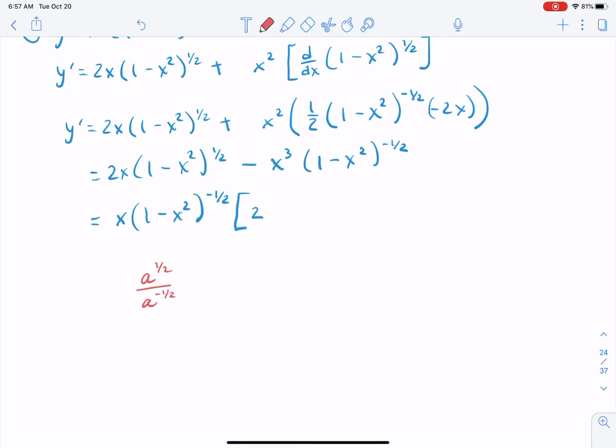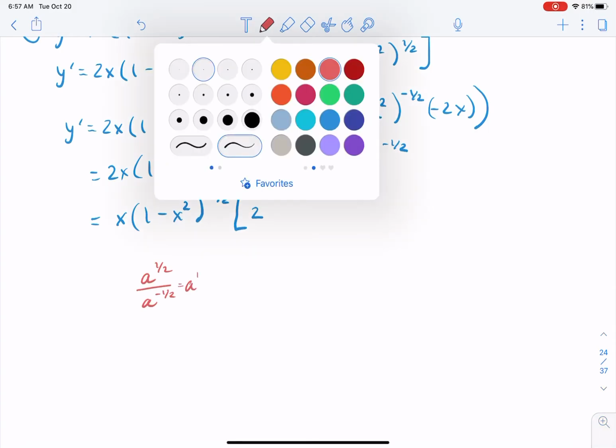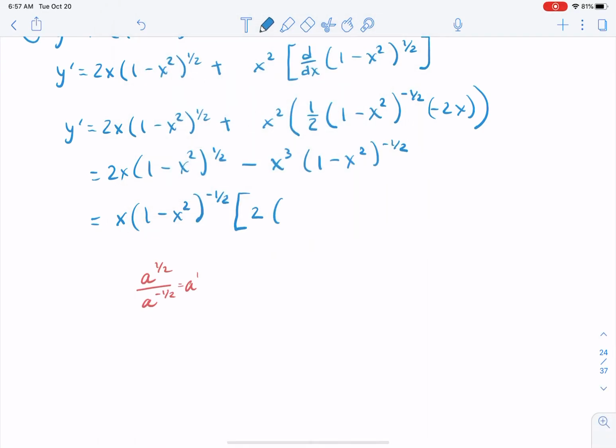You divide like bases, you subtract the exponents, so it's 1/2 minus a negative 1/2, which makes to the first power. So 1 minus x squared to the first. And then for the next term, notice, of course, that this completely matches up with that, so it'll cancel out. But I just need to divide this negative x cubed by x to get negative x squared.